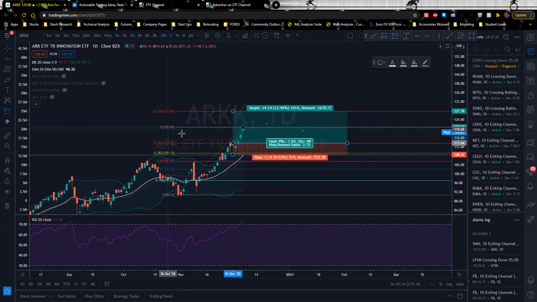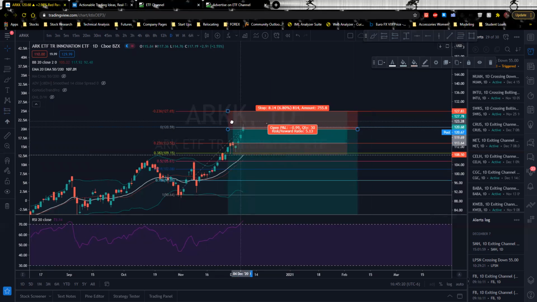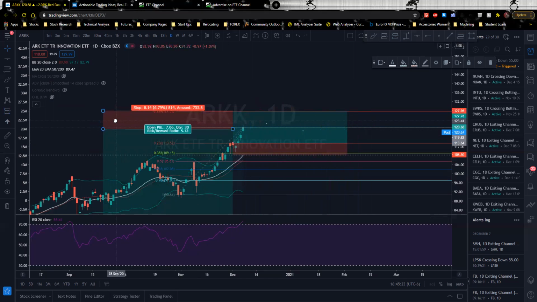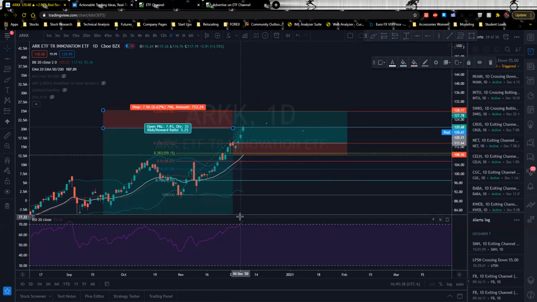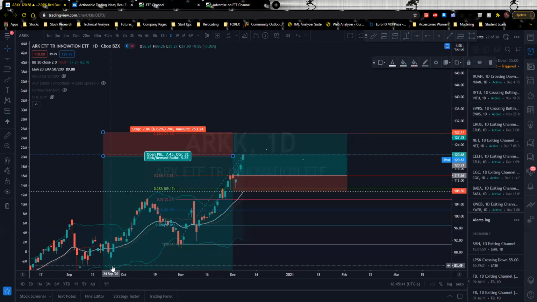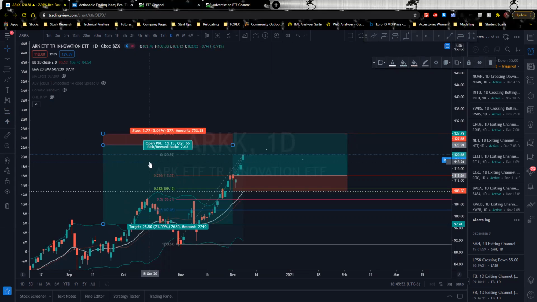Like we were saying earlier, let's say you want to get in at the top here, and you make a stop loss maybe right here, and you say you're going to short all the way to here. Massive risk reward ratio, right?